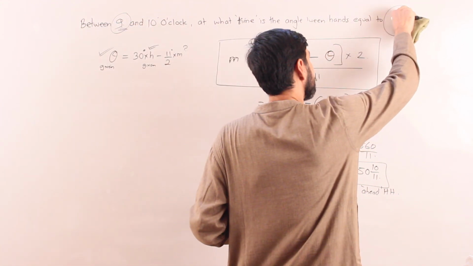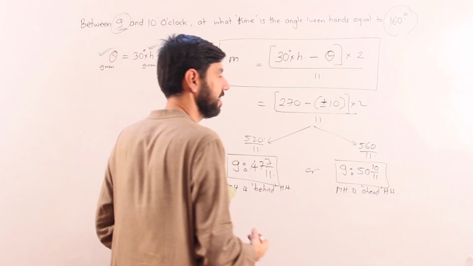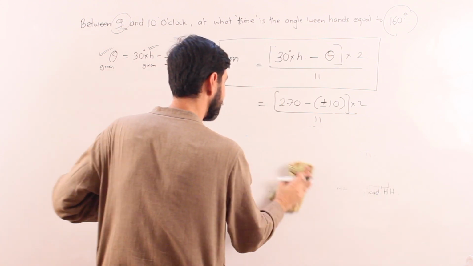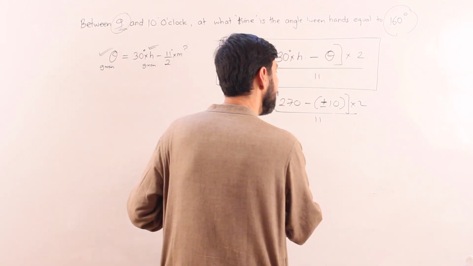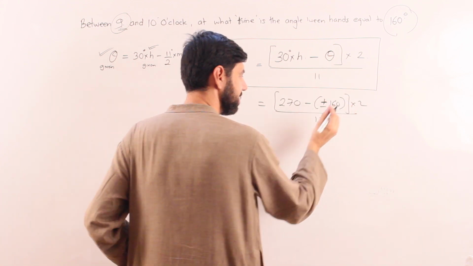What I'm trying to say here is, what if this angle was 160 degrees? So I'm changing the question, what if the angle is 160 degrees? Rest everything remains same.